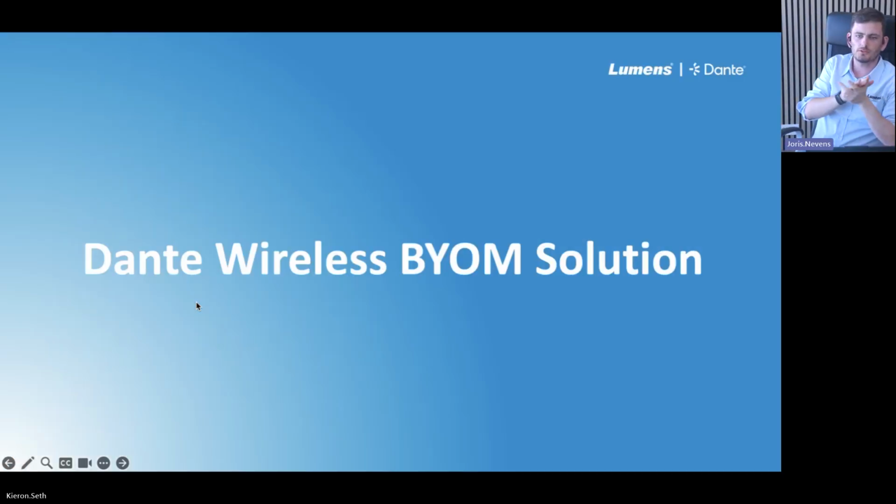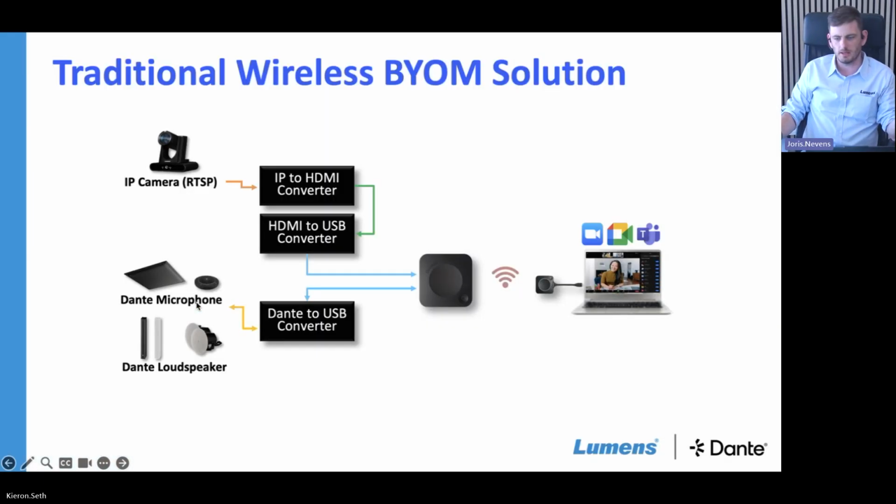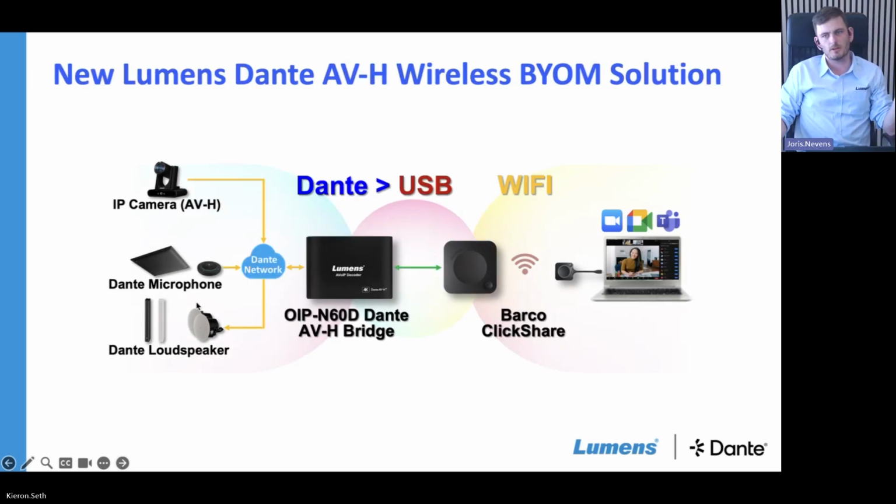Now, when we want to talk about meeting rooms, you also have our friends from Barco ClickShare who do wireless bring your own meeting solutions, but there are many, many more. So as you see here before, we have a bit of the same setup. You need to extend your camera to the ClickShare. You need to extend your audio to the ClickShare. It takes a lot of boxes to get there. If we do it with multiple cameras, it's the same.